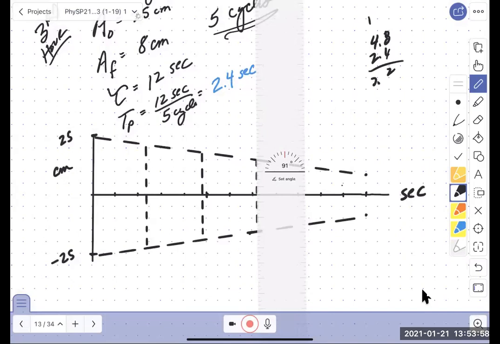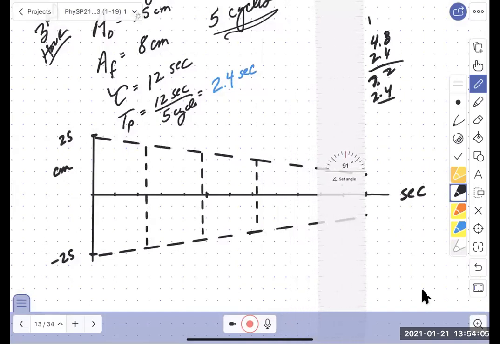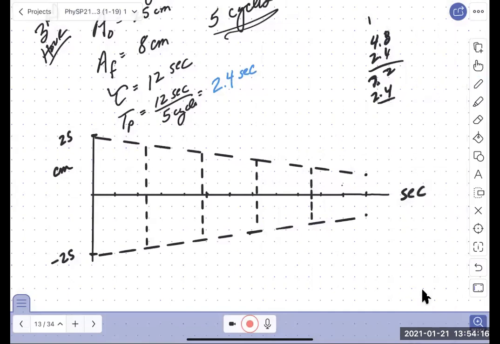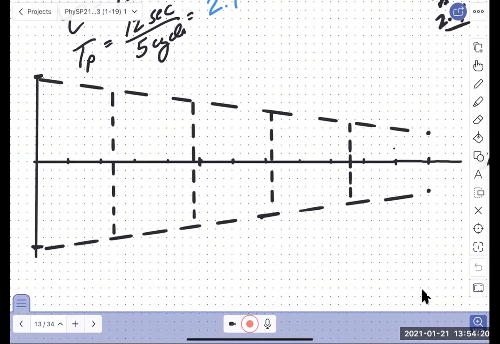And then 7.2 plus 2.4, 9.6 is the next one. 8, 9, 9.6 right there. And then the last one is at 12. So every oscillation has to fit inside its little envelopes, temporal and length.